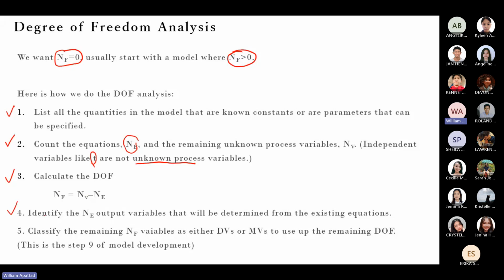Then fourth, identify the number of equation output variables that will be determined from the existing equations. And then fifth, we'll have to classify the remaining NF, okay, as either manipulated variable or disturbance variable to use up the remaining DOF. So this is step 9 of the model development.